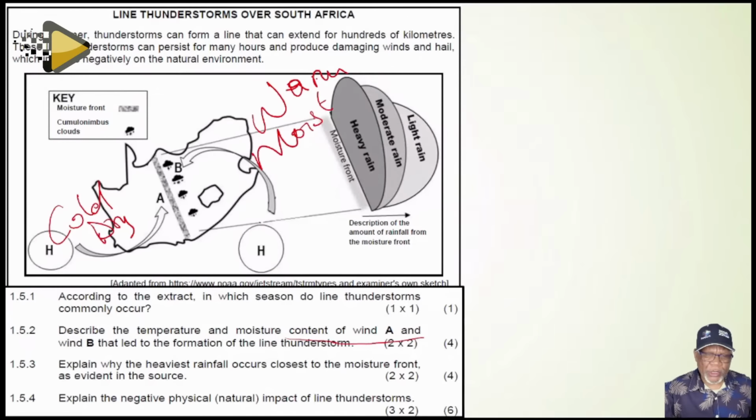Now let's look at this question. It says, explain why the heaviest rainfall occurs closest to the moisture front, as evident in the source. Why are we going to have heavier rain here and the rain is going to decrease when you move away from here? It is because this part over here is closer to the moisture.